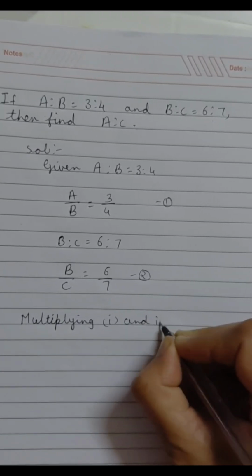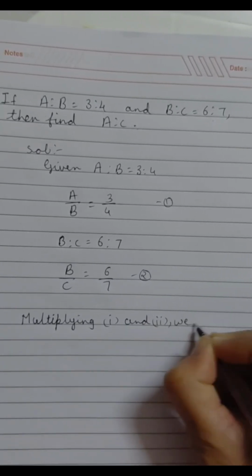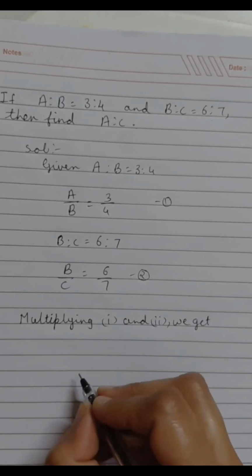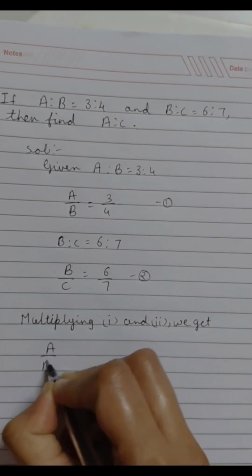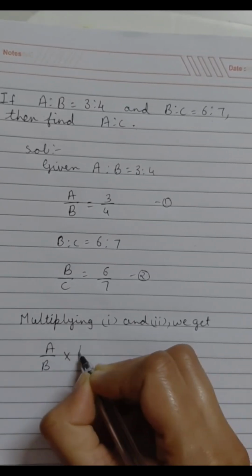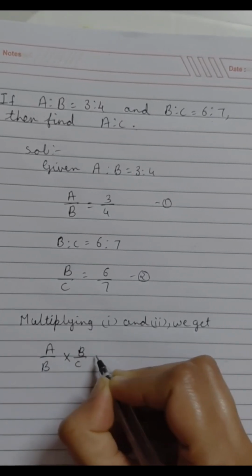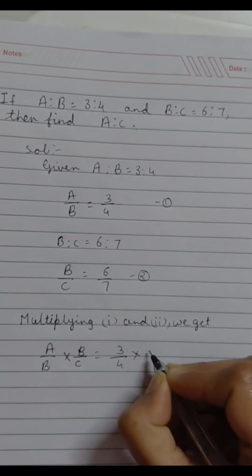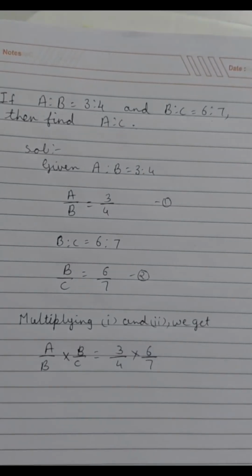So here what we will get is A by B multiplied by B by C. So in this we have the value of A is to B multiplied by B is to C. The value of A is to B we have is 3 by 4, and B is to C is 6 by 7.